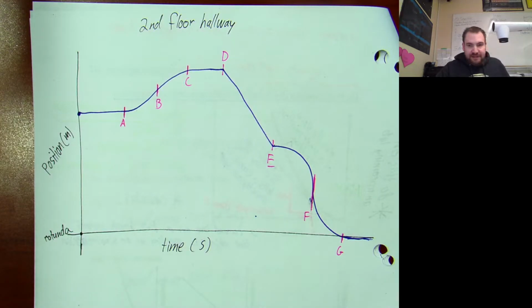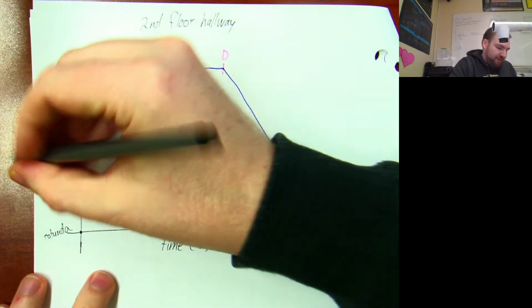Yeah, Connor, talk to me. From what I can tell, assuming the rotunda is south of the position where we started. The hallway actually runs east-west. So the rotunda is east of us.